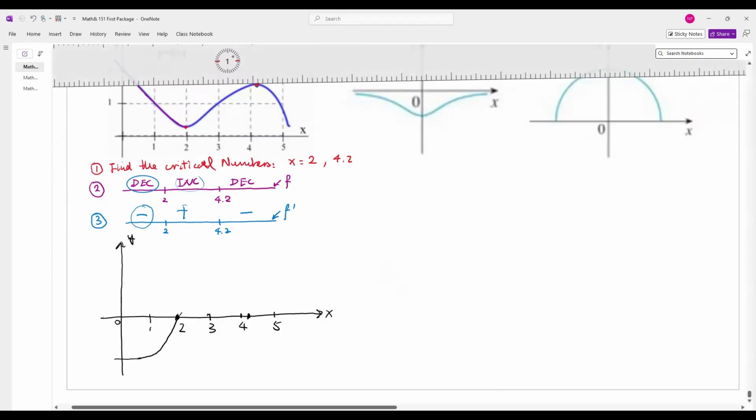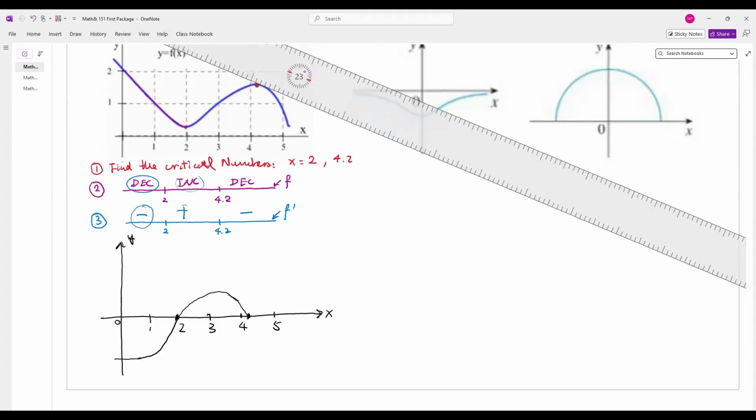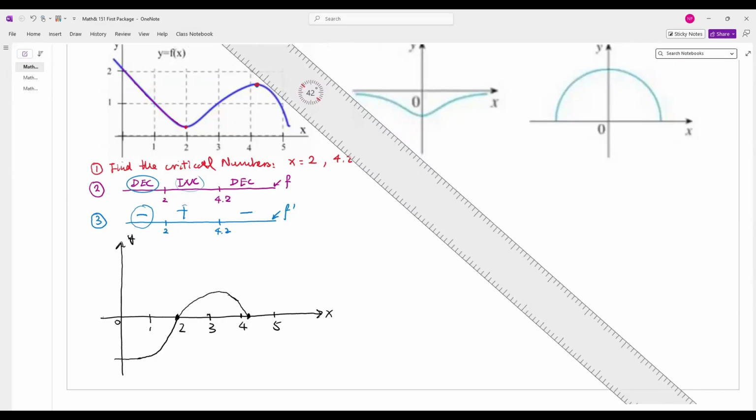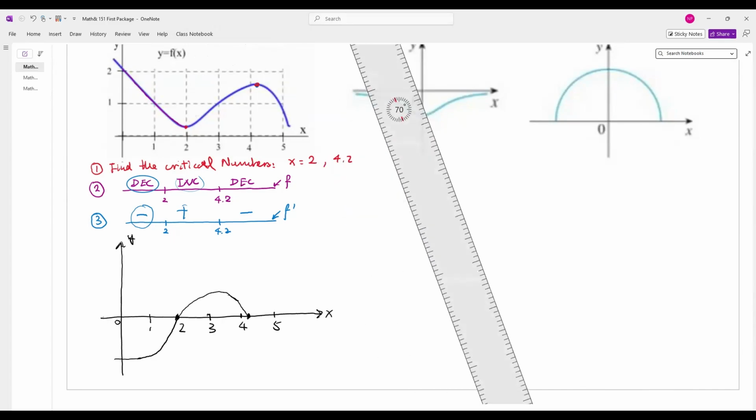Now it is negative. You see it becomes more and more negative. So maybe something like this. Then this will be my f prime now.